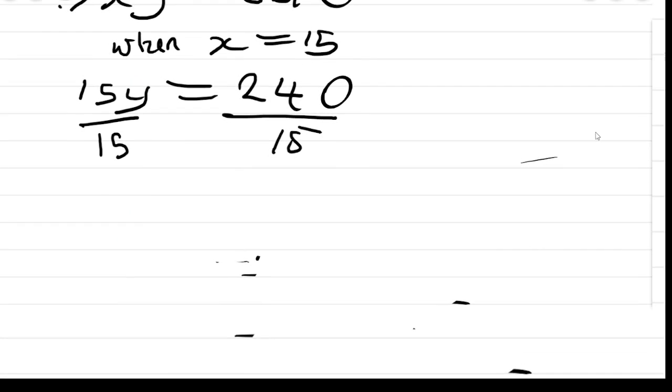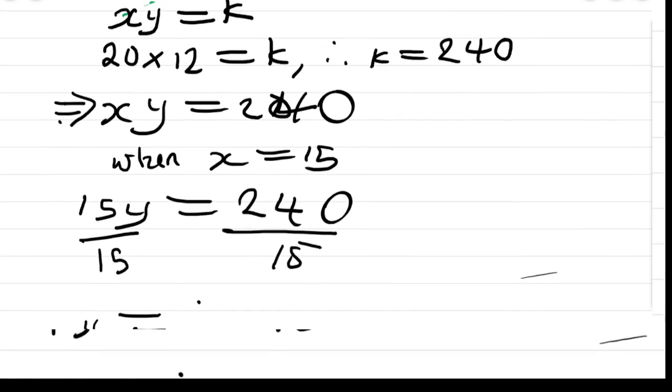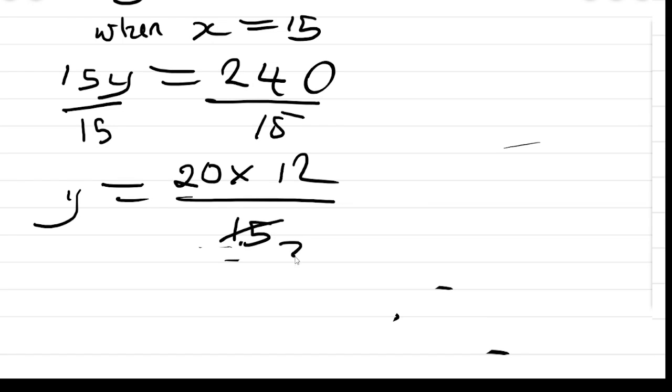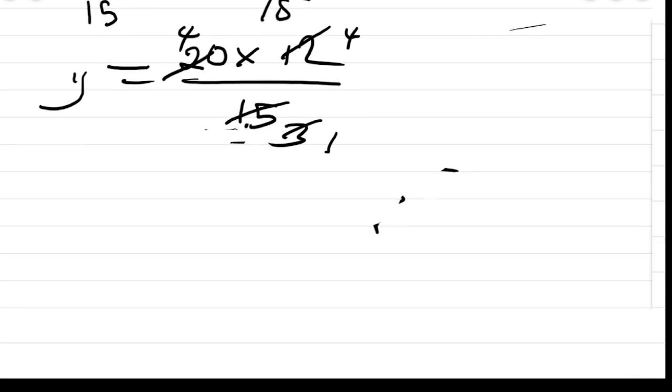So here we will have that y is 12 times 20 over 15. That is why I don't like to multiply out 20 times 12 before dividing by 15. In this case, I can easily cancel: 5 here three times, 5 here 4 times, 3 here 1, 3 here 4. So y would then be 16. So it will take them 16 days.